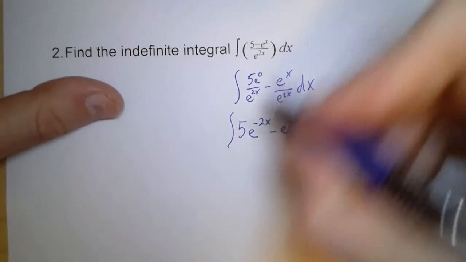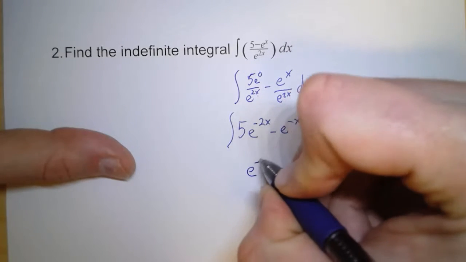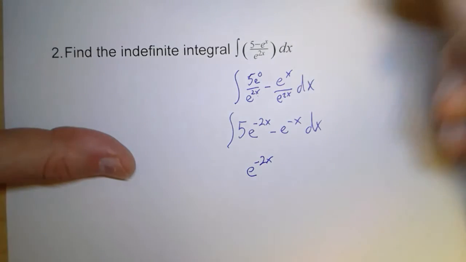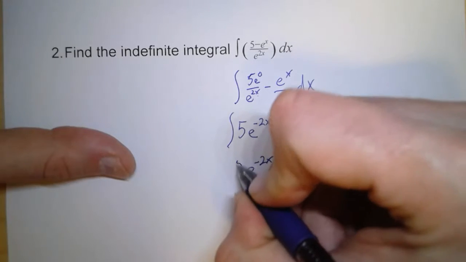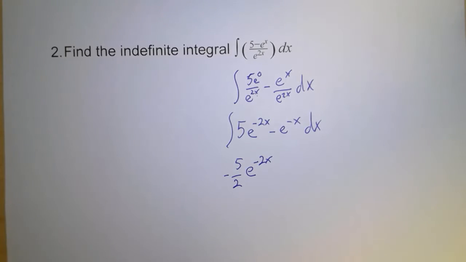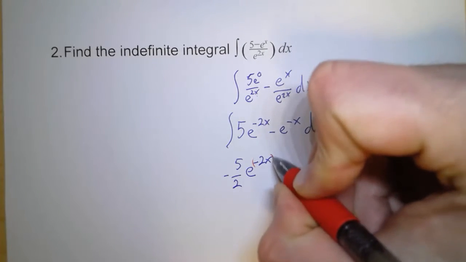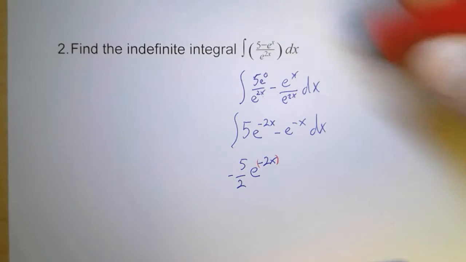All right. So the antiderivative of e to the negative 2x is going to be e to the negative 2x. However, our coefficient out front is going to be negative 5/2. Now why is that? Well, a lot of people think it has to do with the power rule. Actually, it's not. The reason for this is the chain rule, because this is an inside function inside e to the x.